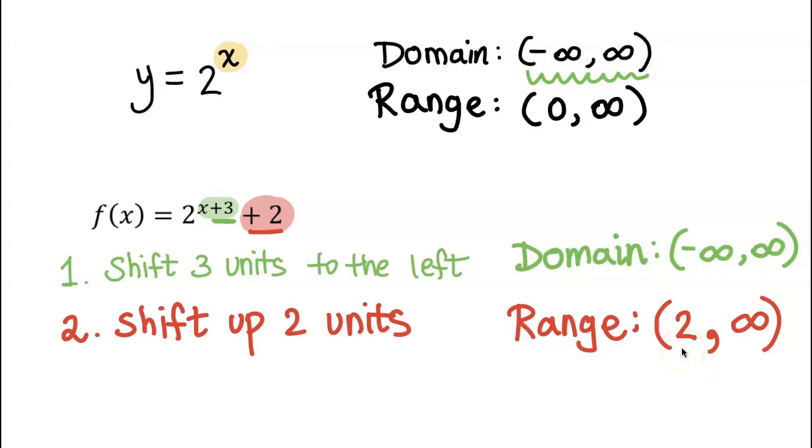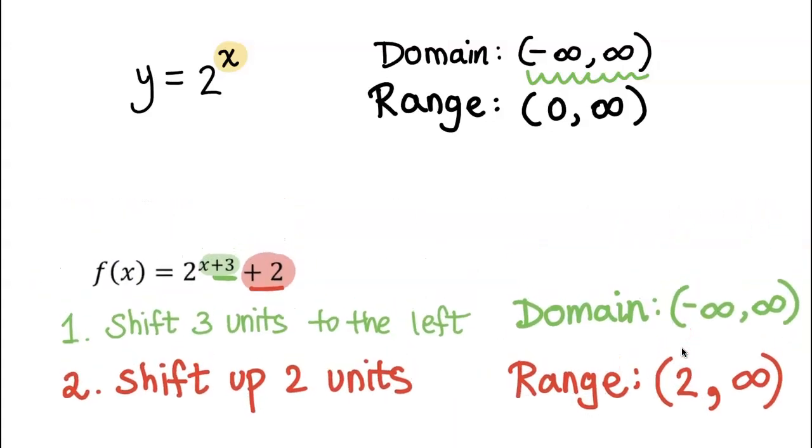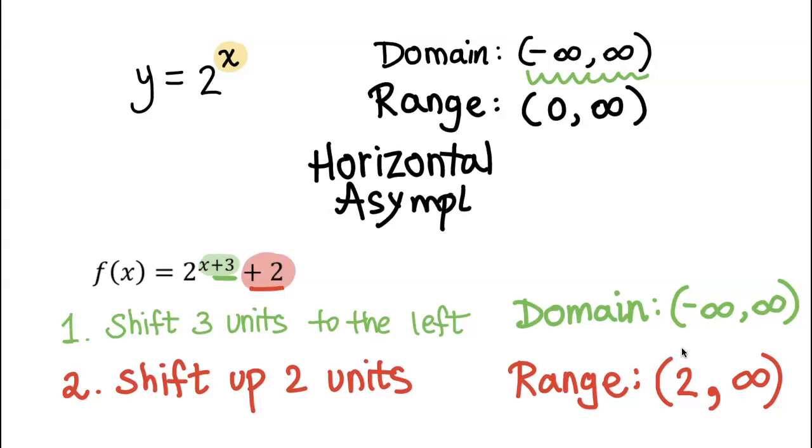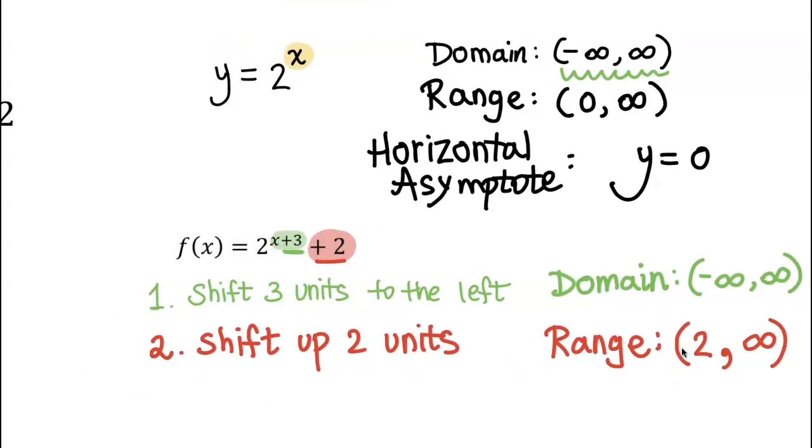Now let's talk about the very last one, the horizontal asymptote. I'm going to go back to this basic function, y equals 2 to the x, and tell you that the horizontal asymptote for that function is y equals 0. But if you shifted this graph 2 units up, f of x will have its horizontal asymptote also shifted up 2 units.